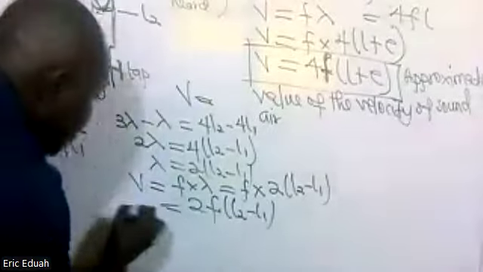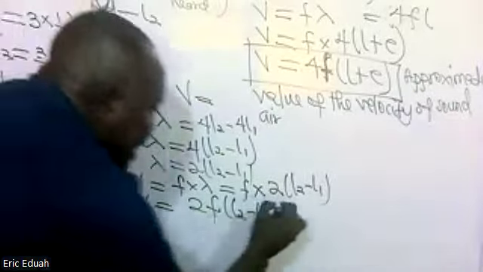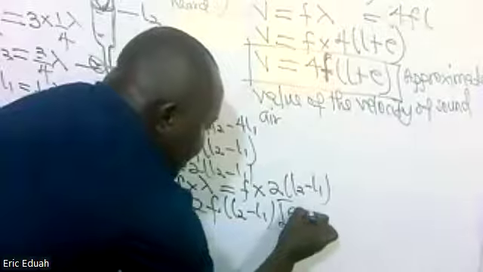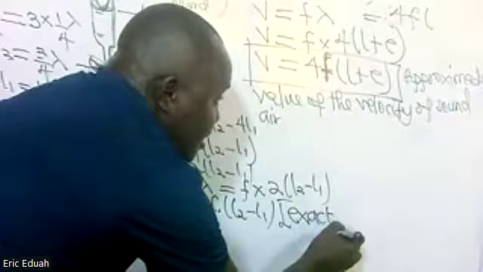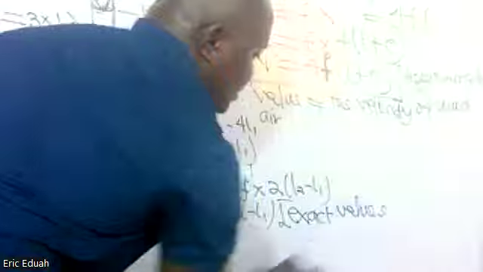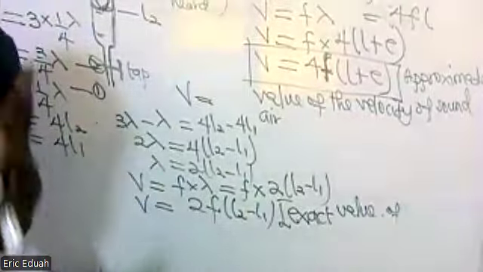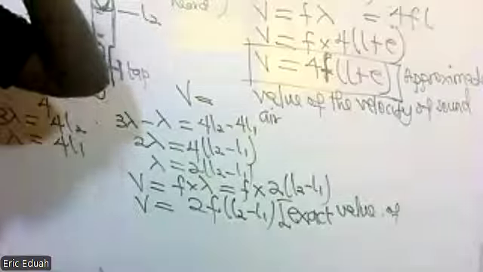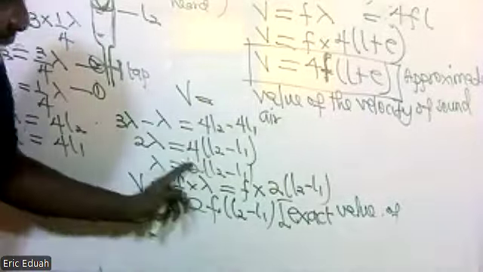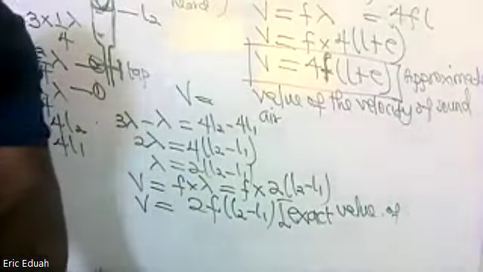This value of V is termed as the exact value of the velocity of sound in air. It is exact because over here we are considering more than one position of resonance. So it is termed as exact or accurate because of the consideration of 2 positions of resonance.